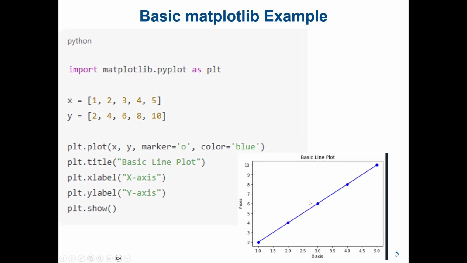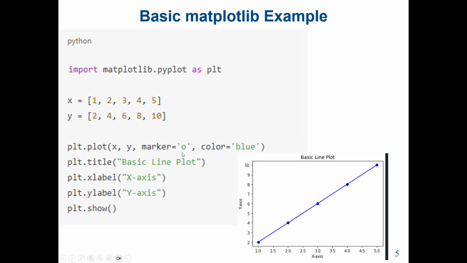Also, we can see the graph is blue, so the color attribute is blue. We need a title, so we use the title function and write our title, basic line plot. We need an x-axis, so we use xlabel and name it x-axis. Whatever is in the argument is what we are trying to produce. Then we have ylabel, y-axis. Now, this function, plt.show, will plot the graph for us. We use plot; this gives us the foundation, everything we need.